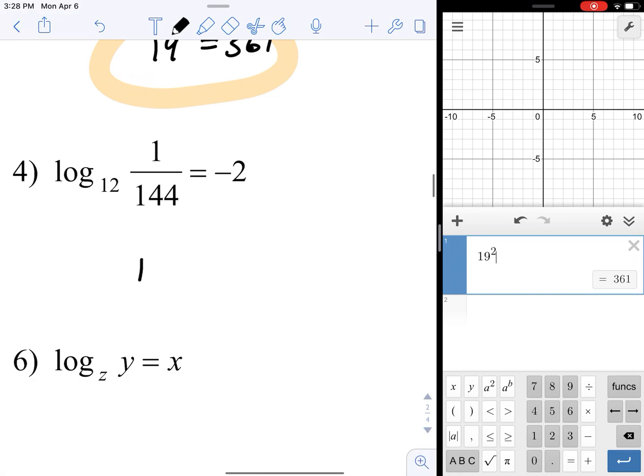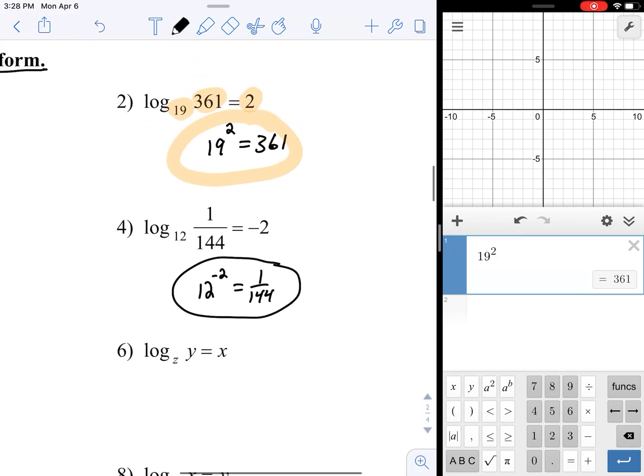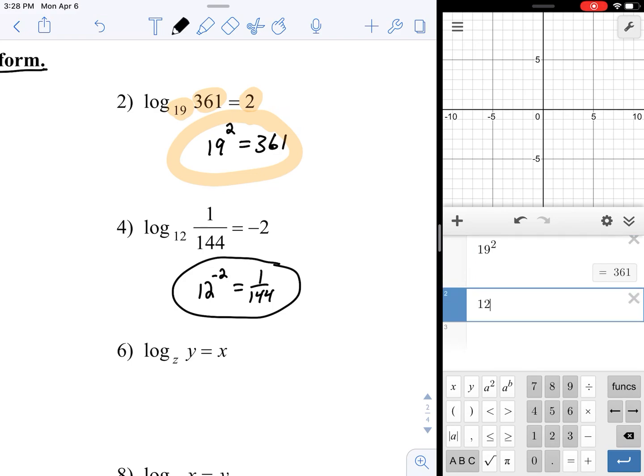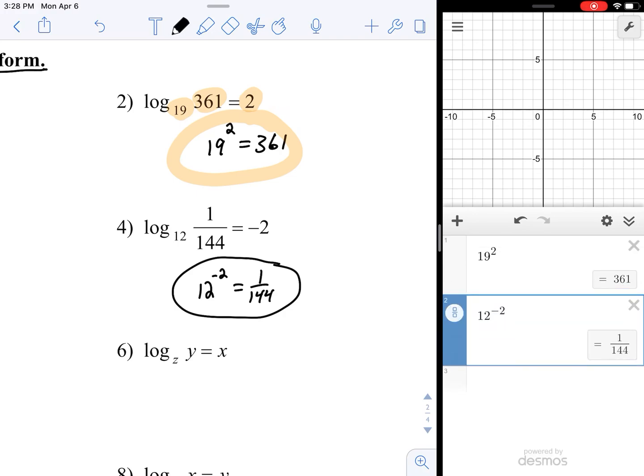Number 4. So the base is 12. The power is the other side of the equal sign, -2. The answer is 1 over 144. And again, that's it. There's nothing to simplify, nothing to work out. Again, you could go 12 raised, oops, nope, that's wrong. Raised to the -2, you get that funky decimal, but if you hit the fraction button, there it is, 1 over 144.